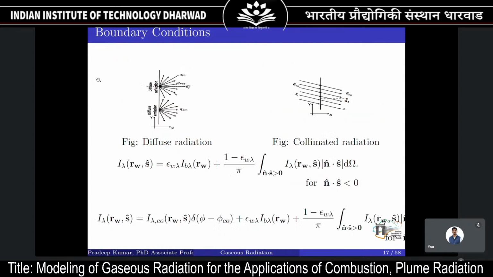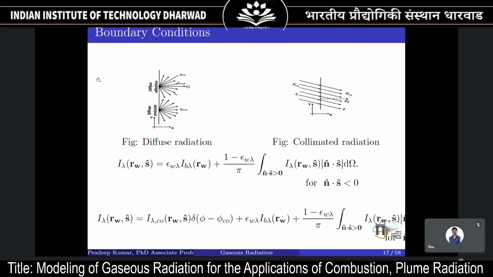This equation is solved with boundary conditions, and there are two kinds of boundary. One is diffuse radiation. Basically, it is opaque; every element emits radiation in all directions, so this is the intensity emitted from the boundary.